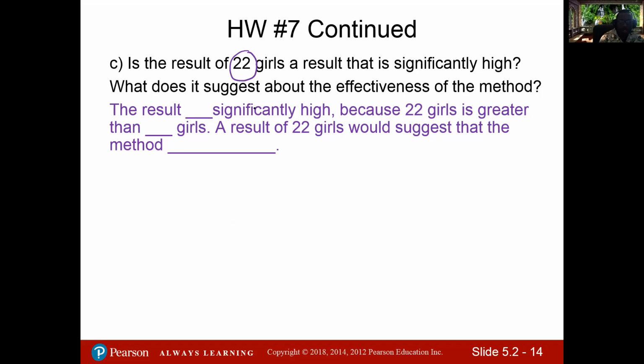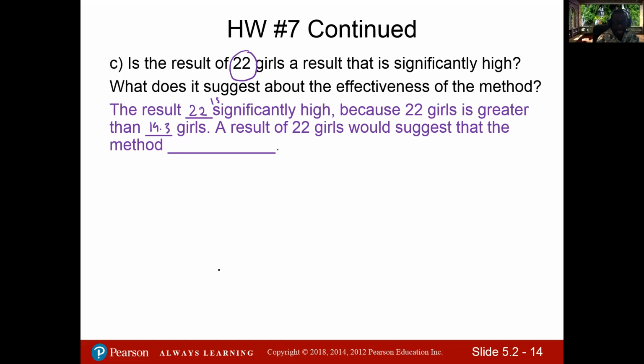And then what does this suggest about the effectiveness of the method? So the result 22 is significantly high because 22 girls is greater than the 19.3 that we got.